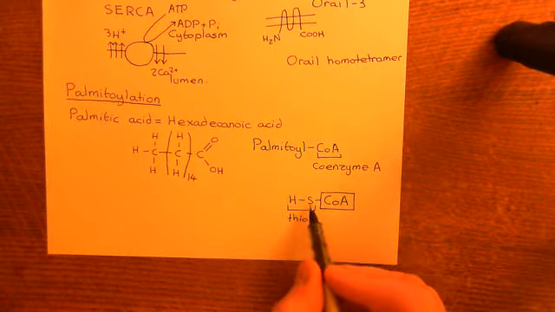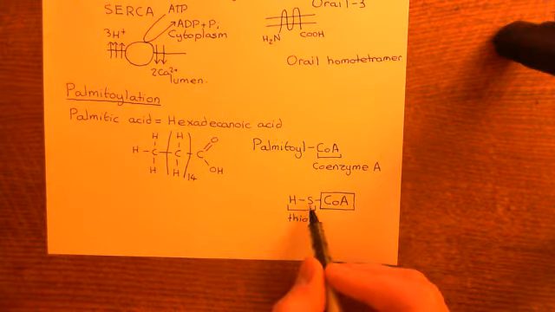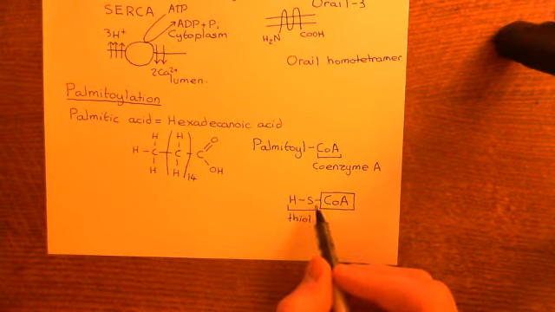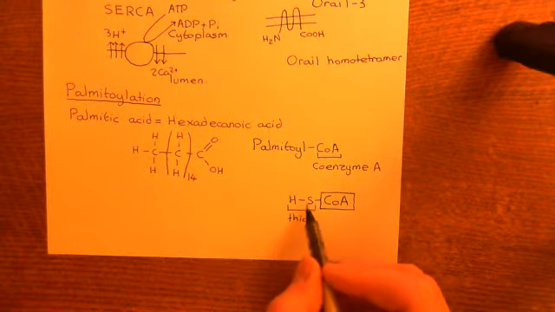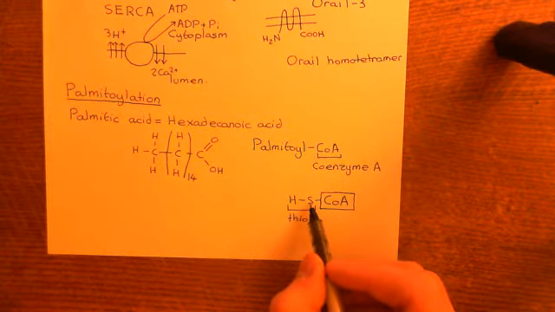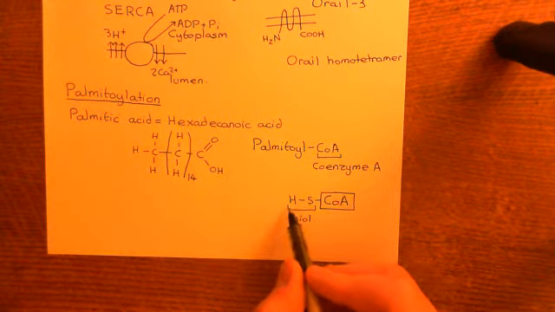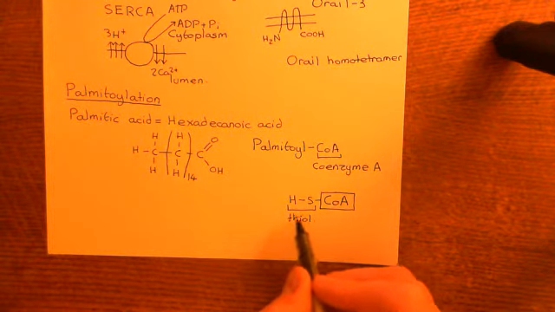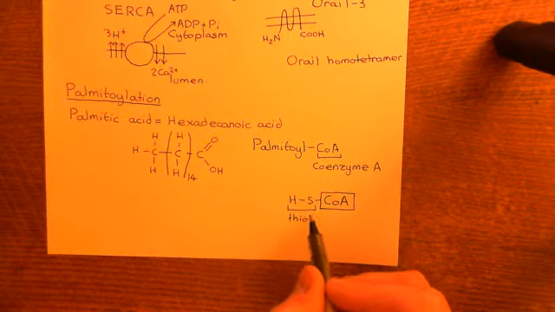Sulfur atoms are in the same group of the periodic table as oxygen. They're just underneath oxygen in the periodic table. So they have very similar chemical properties to oxygen. If you imagine replacing this with an oxygen, that would then be an alcohol group. So thiol groups are actually very similar to alcohol groups.